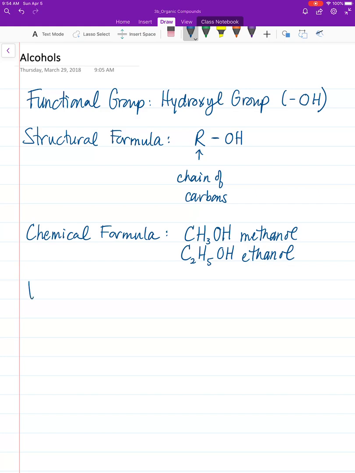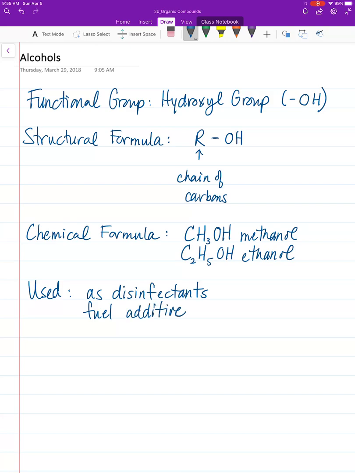Okay, so what are they used in? So they're used as disinfectants, which you guys are all familiar with right now in our current environment. So you'd see it in hand sanitizers. We also put it as a fuel additive.